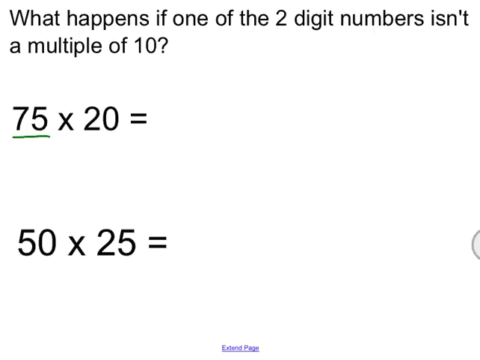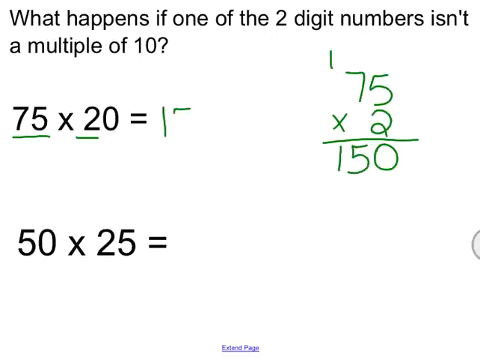75 times 2 is 150. So I put 150. And now I have 1 zero only.